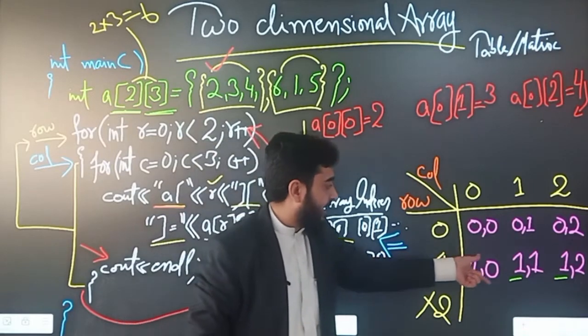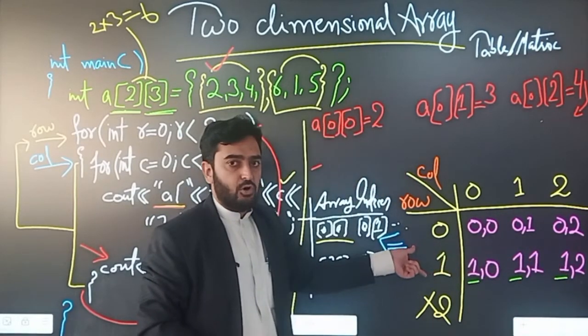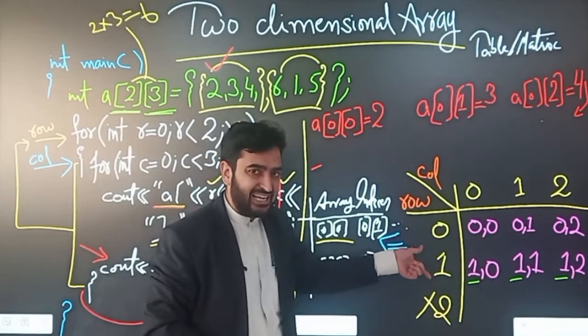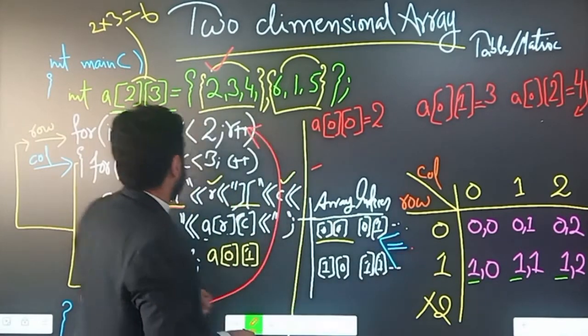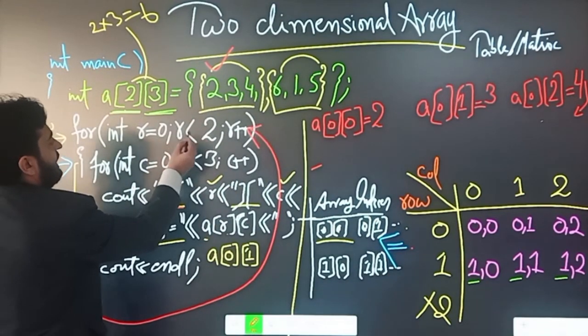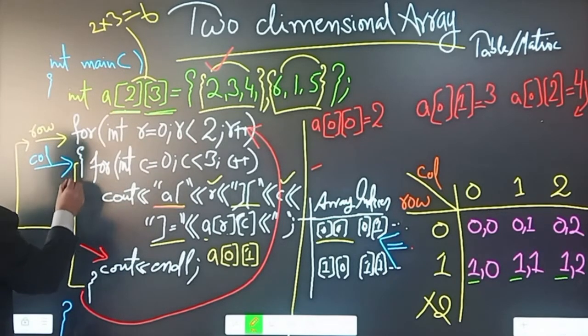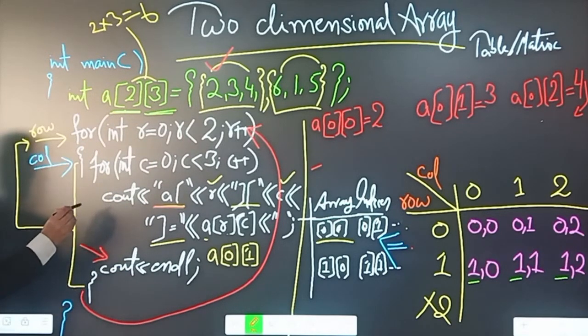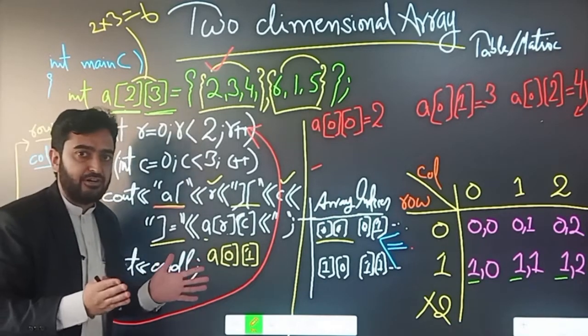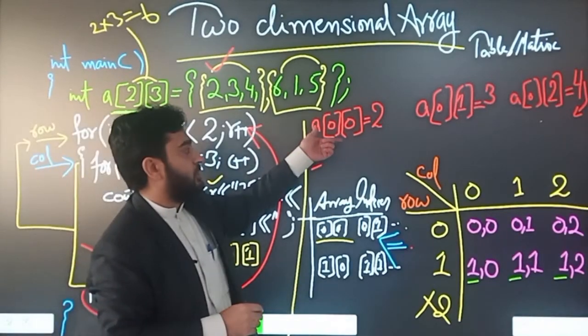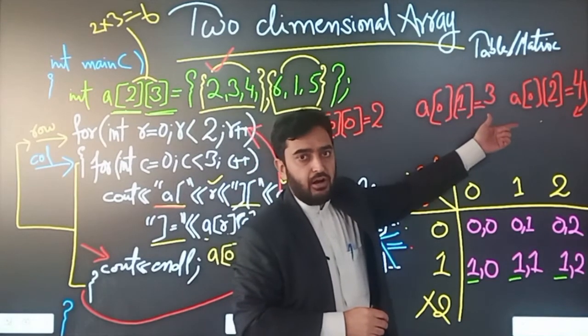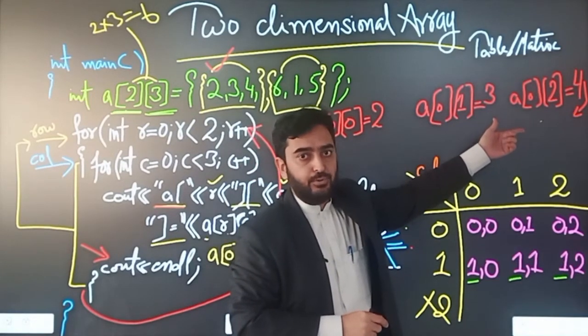So now we will iterate through this row, okay, which has index equal to 1. So now R is equal to 1. 1 is less than 2? Yes, 1 is less than 2. Therefore, the body of the outer loop will again iterate in a very similar way, just as in the first iteration of the outer loop, okay?